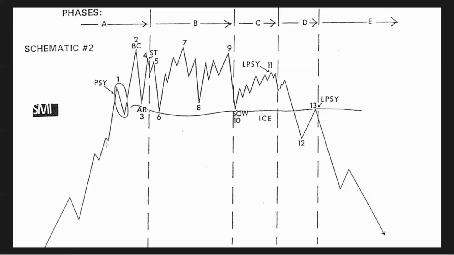So when I see a structure like this, range consolidation, I'm paying very close attention to the last area of known liquidity, which is in there, the flag limit. That's the structure which is currently holding up price.